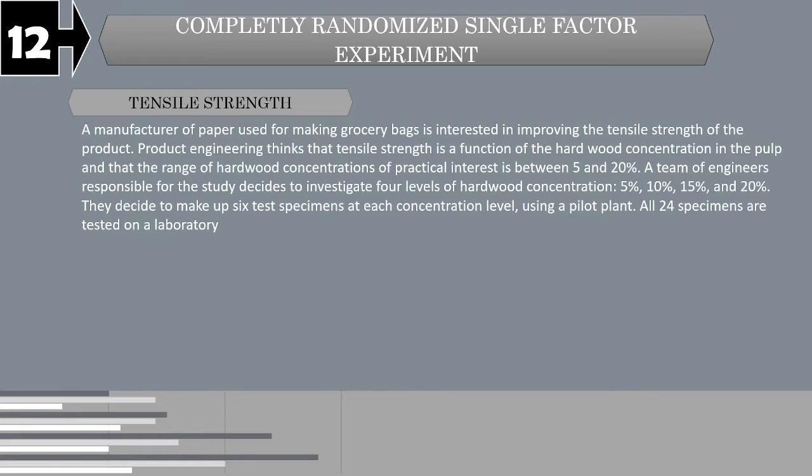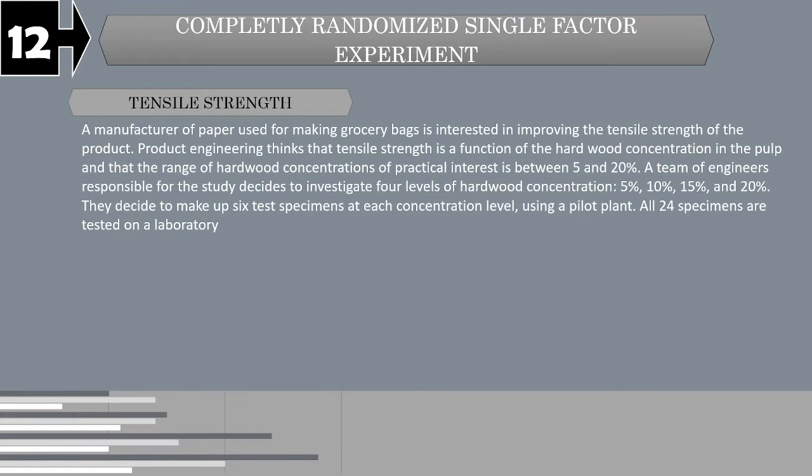A team of engineers responsible for the study decides to investigate four levels of hardwood concentration, which are 5%, 10%, 15%, and lastly 20%. They decide to make up 6 test specimens of each concentration level. Using a pilot plant, all 24 specimens are tested in a laboratory.